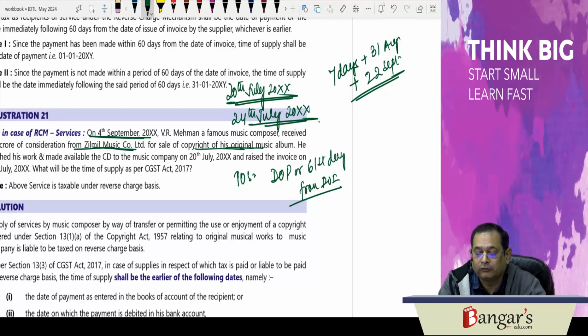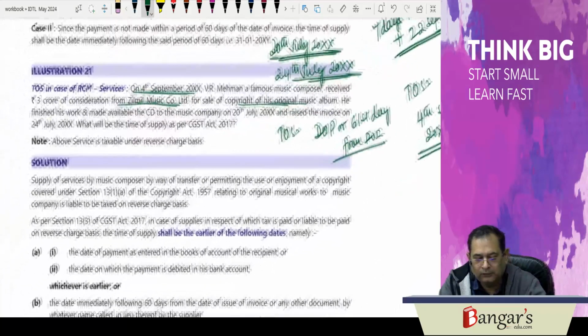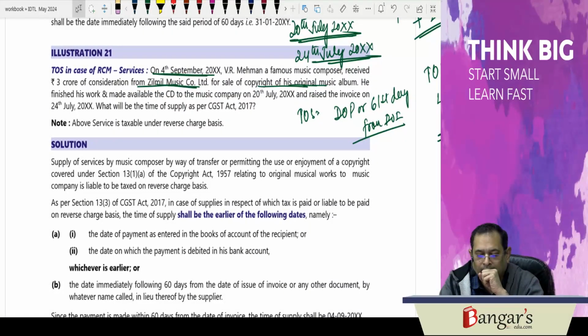Now here, since payment is made within 60 days of the date of invoice, time of supply will be 4th of September. Basically, what is the time of supply? Date of payment. What is the date of payment?